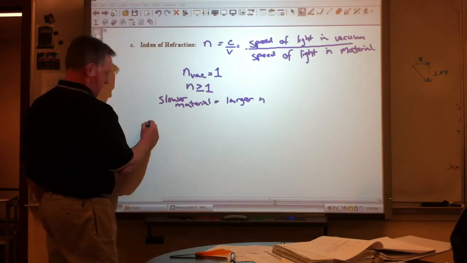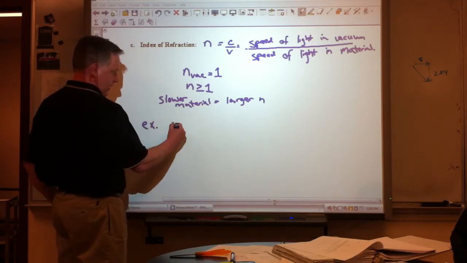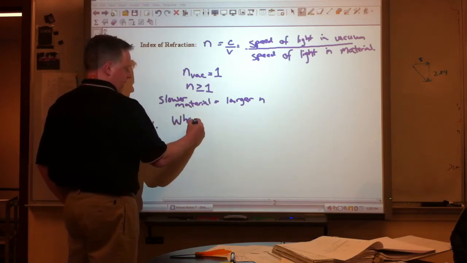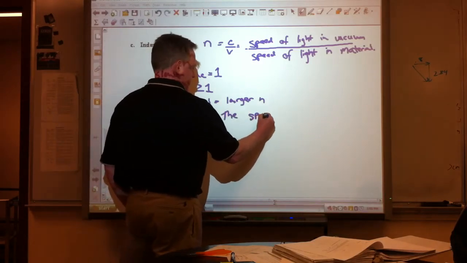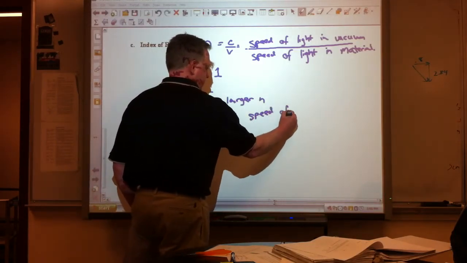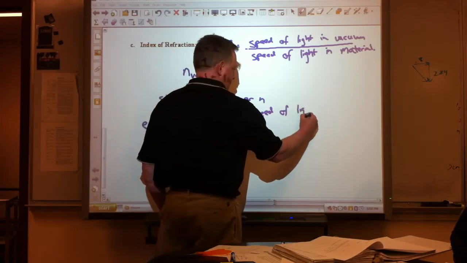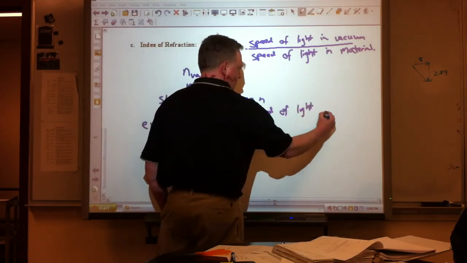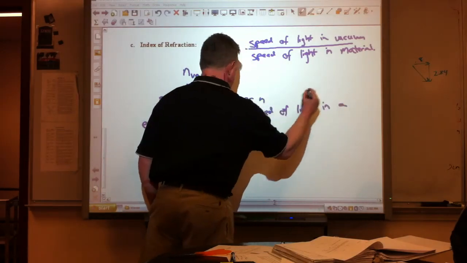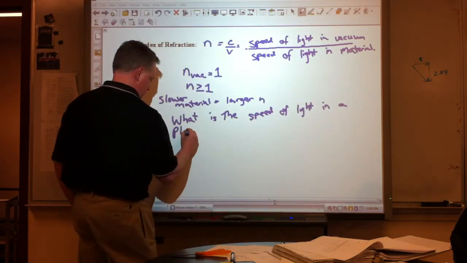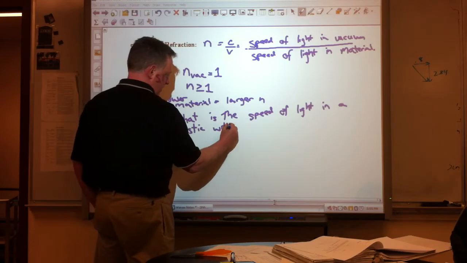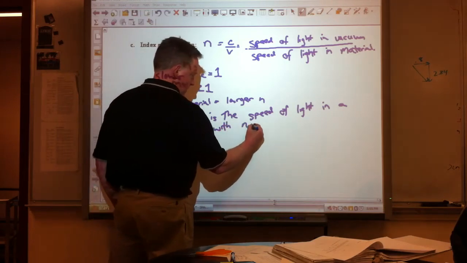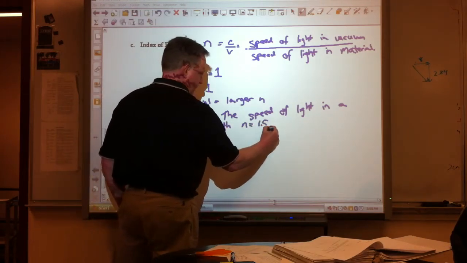Let's just do a quick mathematical example. What is the speed of light in a plastic with an index of refraction of 1.5?